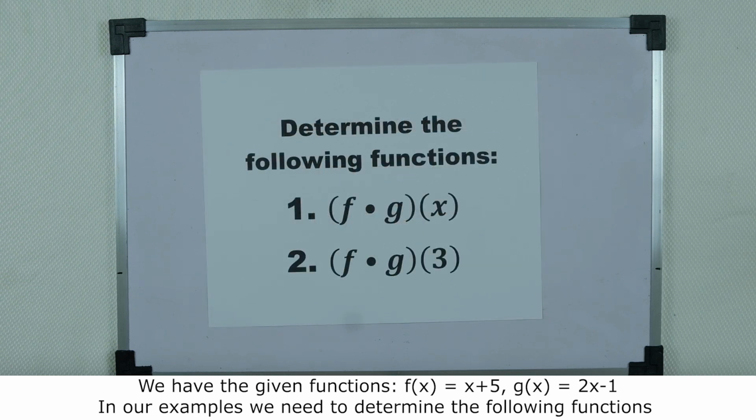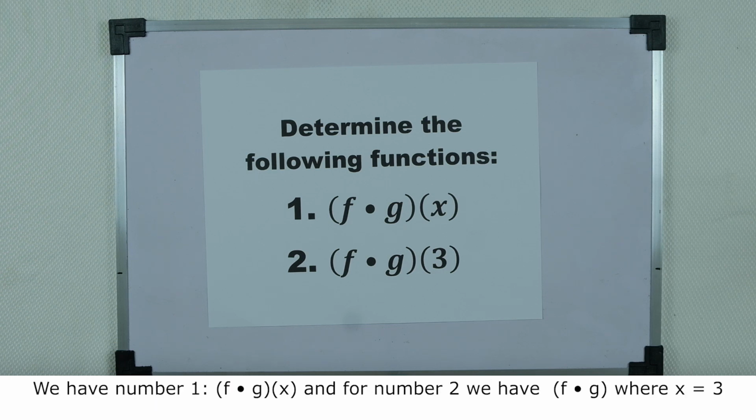In our examples, we need to determine the following functions. We have number 1, the quantity of f times g, x, and for number 2, we have the quantity of f times g, where x is equal to 3.